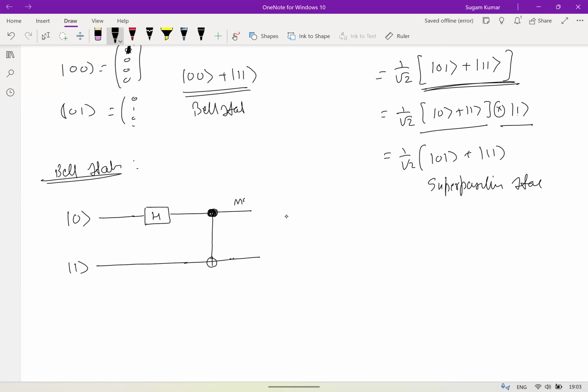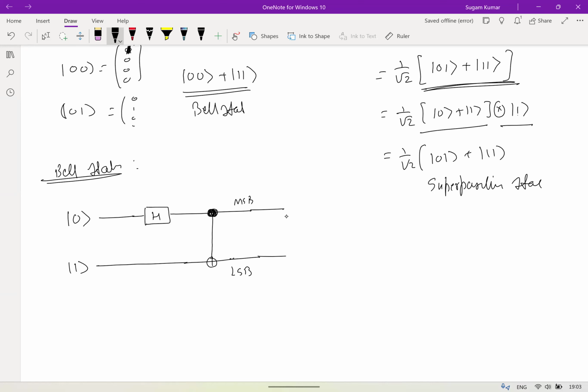This is the most significant bit and the least significant bit. So now see, this is also a circuit diagram in parallel. Here what will happen? H is going to act first.